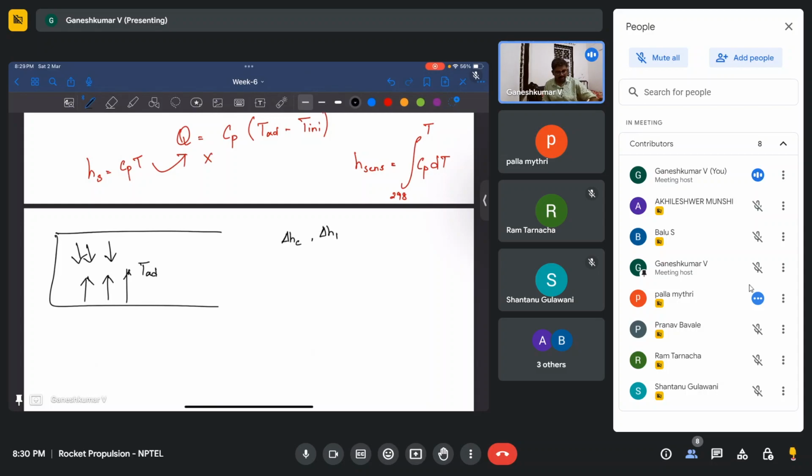In addition to it, since the adiabatic flame temperature is very high, there is a possibility in any rocket or, let's say, gas turbine engines, that outside the temperature is T infinity, a lower temperature, so there is always a tendency for heat to be lost outside. This is a completely different concept, because there is a temperature gradient from inside. I'm not talking only of the nozzle loss.